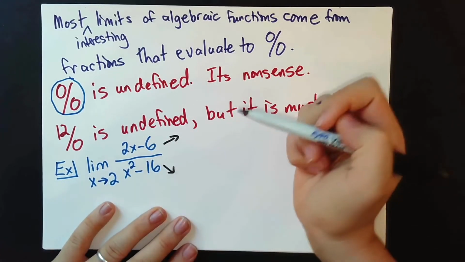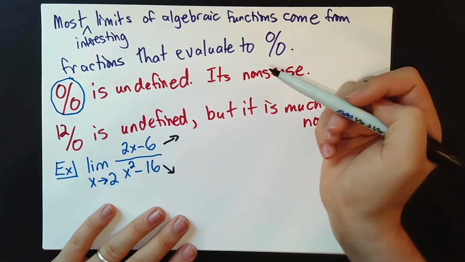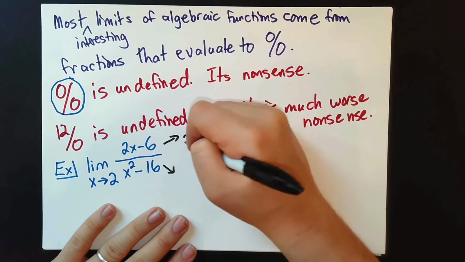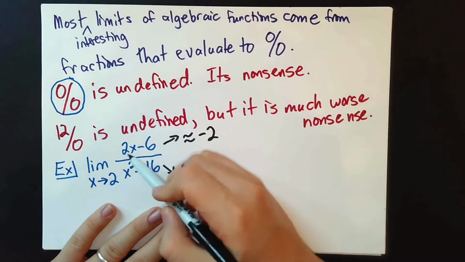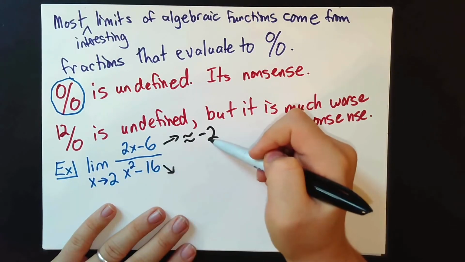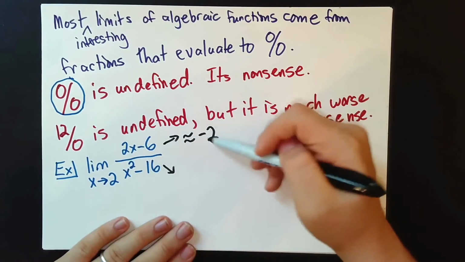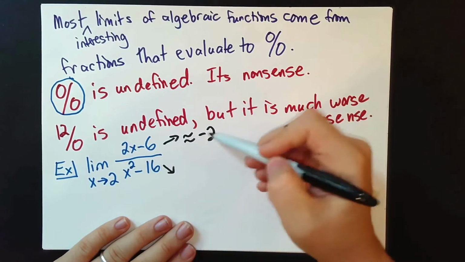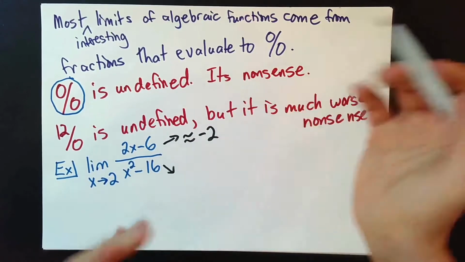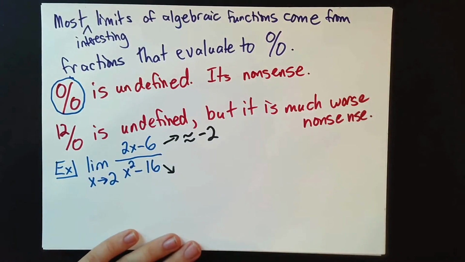So if x is close to 2, then what is 2x minus 6 close to? Well, it's going to be close to minus 2, because 2 times 2 minus 6 is minus 2. If that x was a little bigger, I'd get a number that's a little bigger than minus 2. If that x was a little smaller, I'd get a number that was a little smaller than minus 2. But whatever happens, it's still going to be close to minus 2.